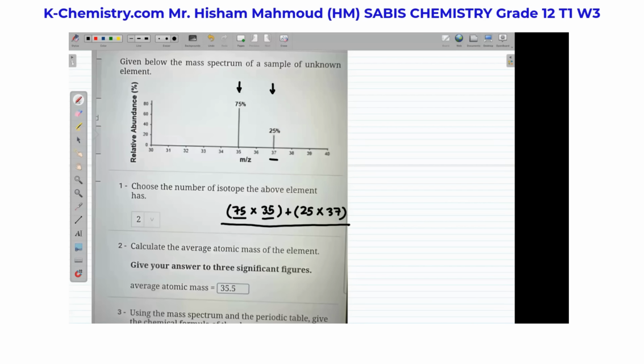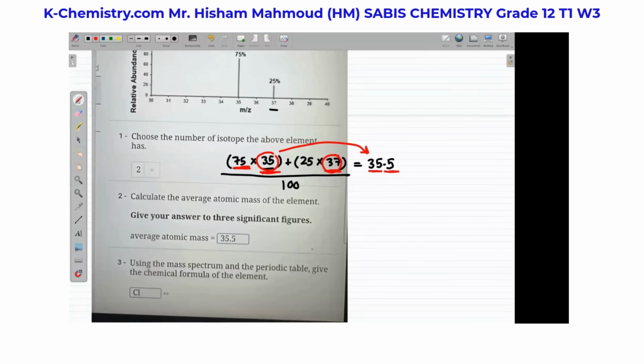Then we divide this by the total, which is 100. So I'm going to get an average number between the two numbers, 37 and 35. Because the abundance of 35 is much bigger, it's normal for your average to be closer to 35 than 37. By calculation, you will just get 35.5.